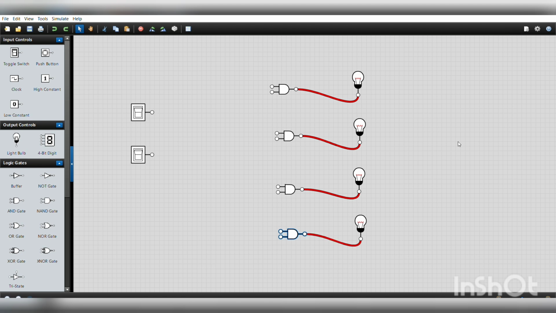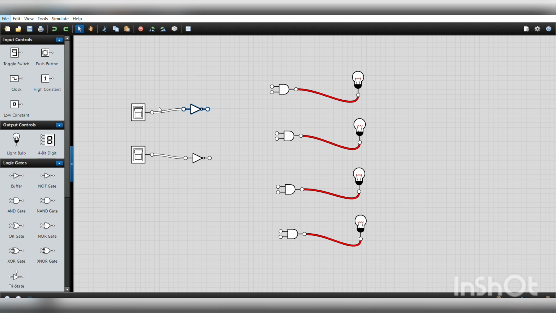After connecting my output sources, I'm going to give 2 NOT gates over here and here. And when I give the connections as per the circuit diagram, let us assume this is your D0, D1, D2 and D3.